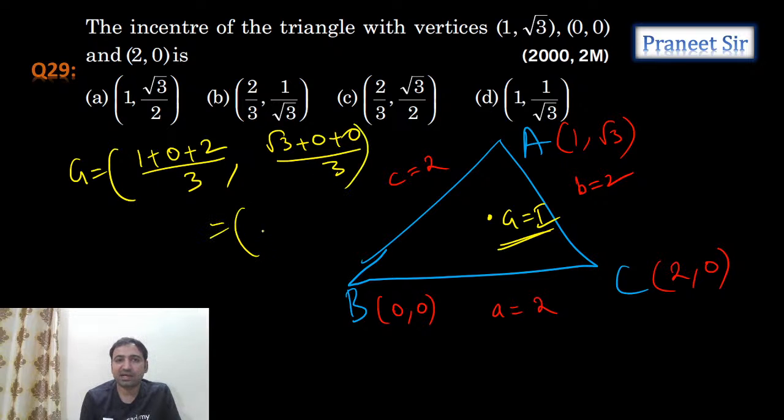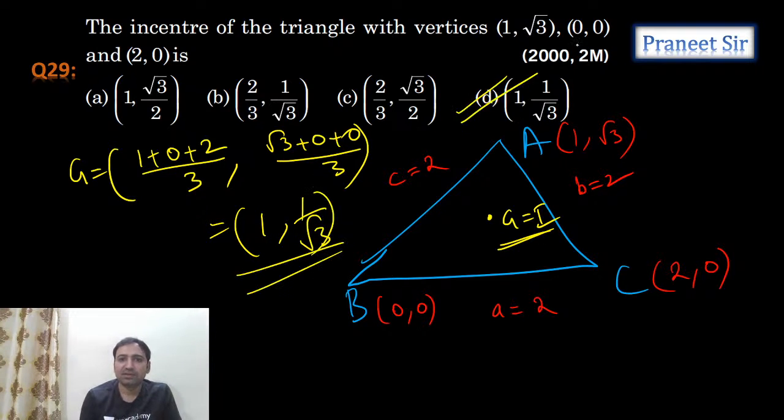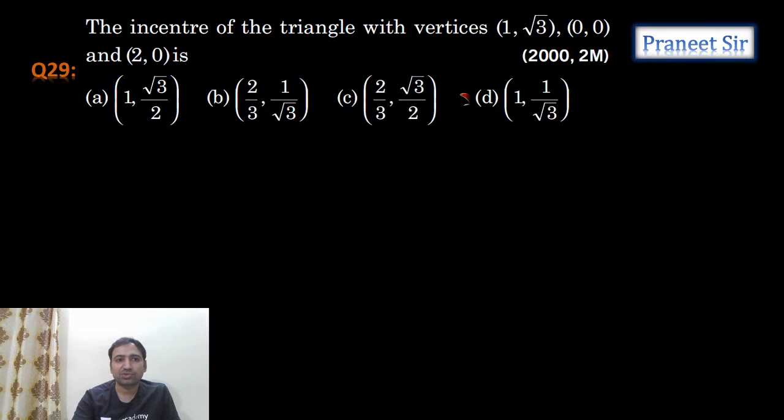So how much are we getting? Are we getting (1, 1 by root 3)? Is the fourth option correct? Any doubts in this? Okay, next question.